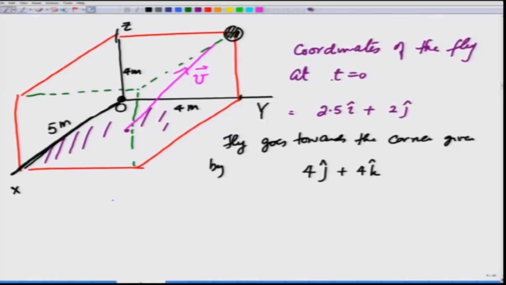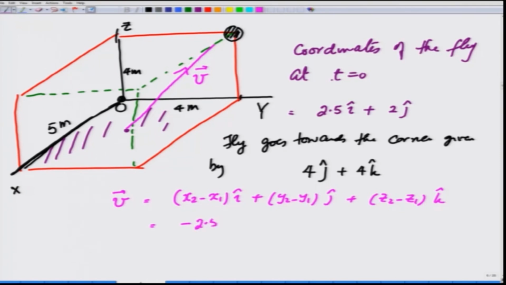So, the vector in which direction it is moving, v, is nothing but again x2 minus x1 i plus y2 minus y1 j plus z2 minus z1 k, which is equal to minus 2.5i plus 4 minus 2, 2j plus 4k. This is the direction in which the fly is flying.